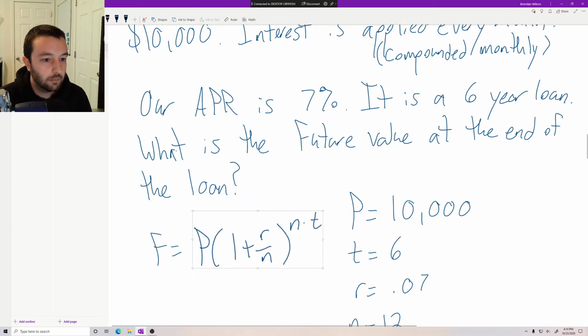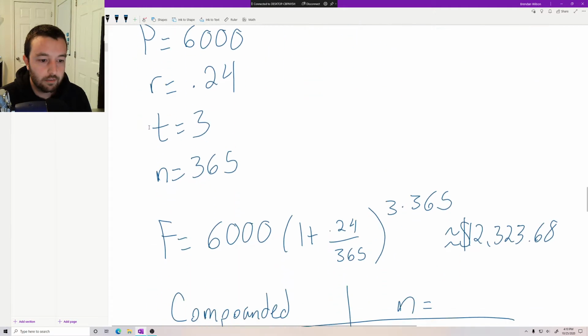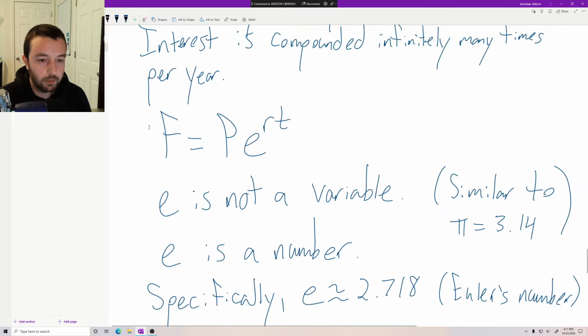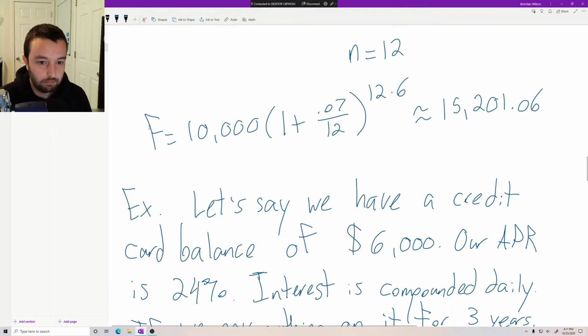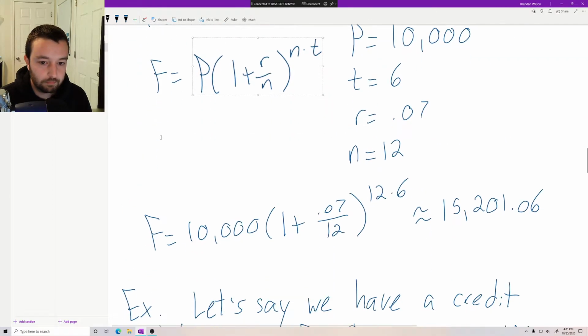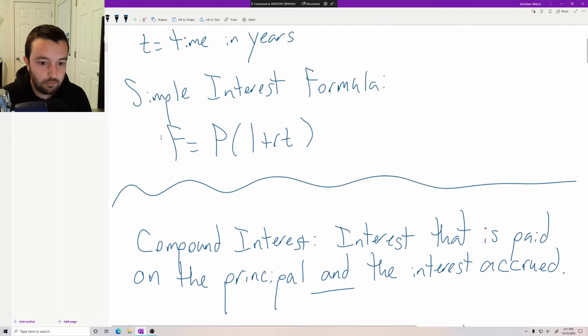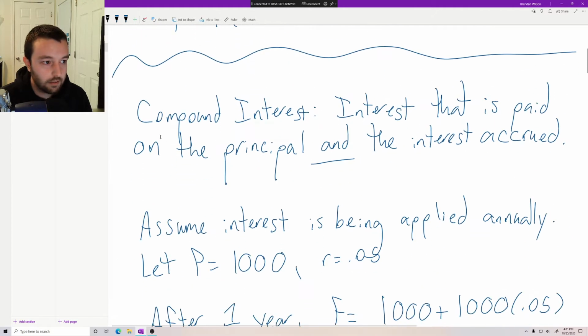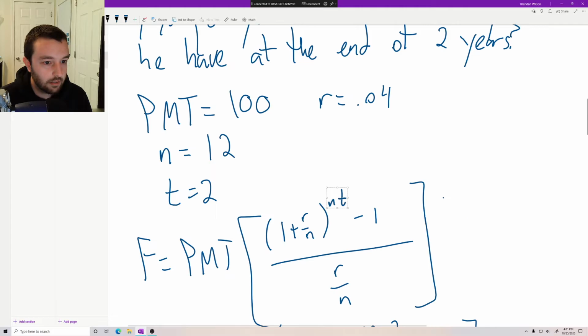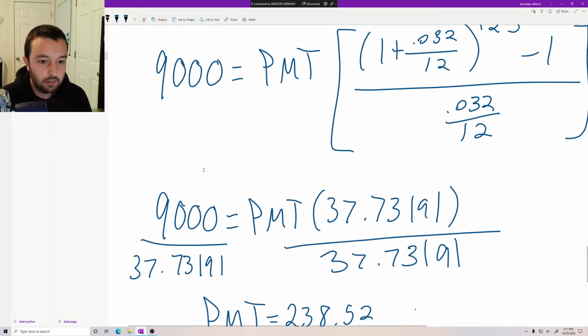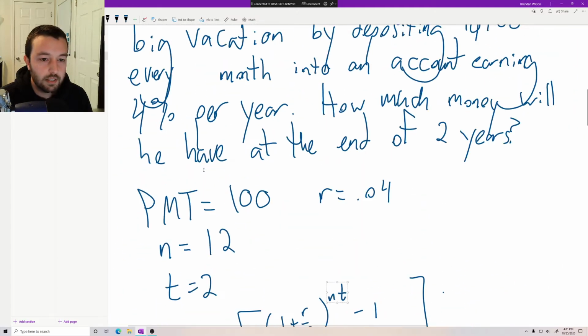I actually remember doing something like this in 5.3 now. Let me think of where that was. It was in the savings section.